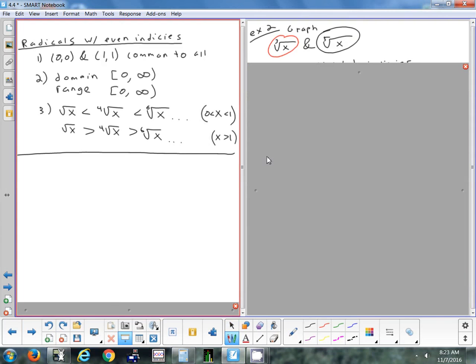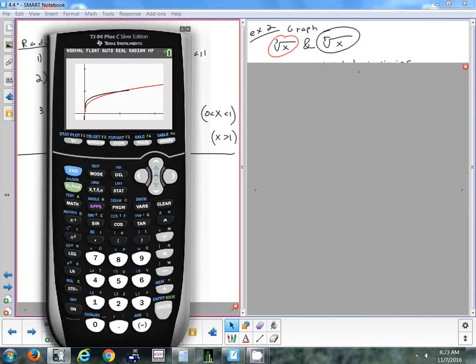And I'll put the pictures up here. Let's do standard window to start. So there's the cube root, and there's the fifth root.